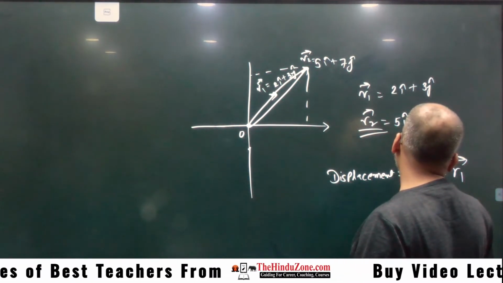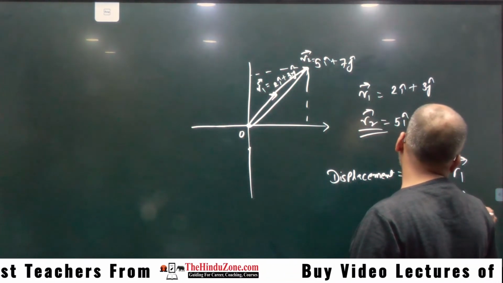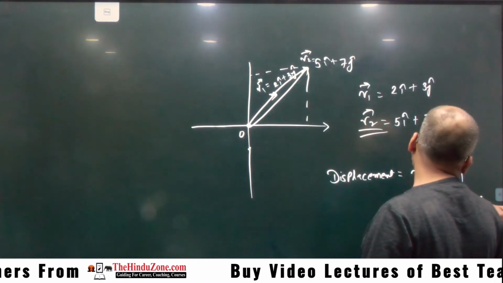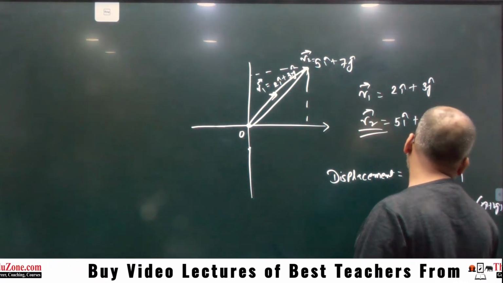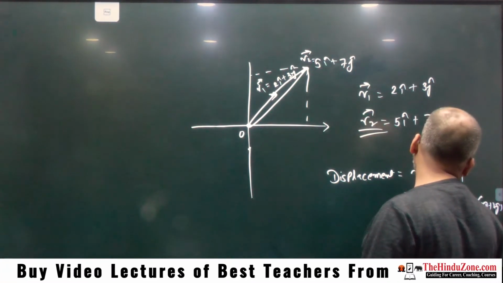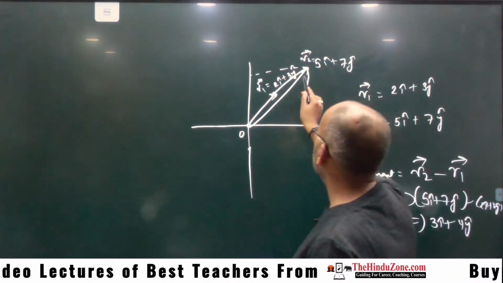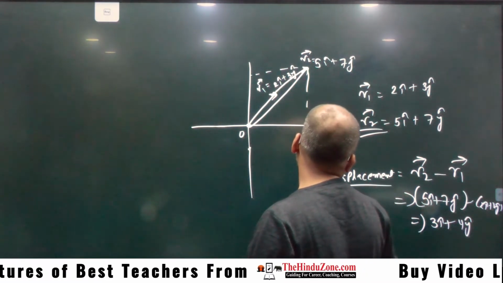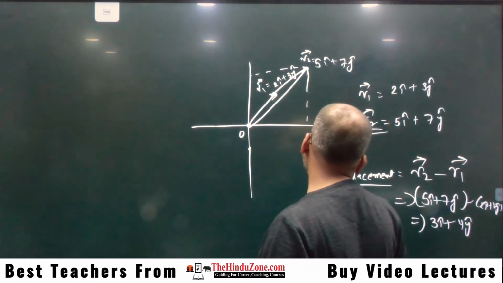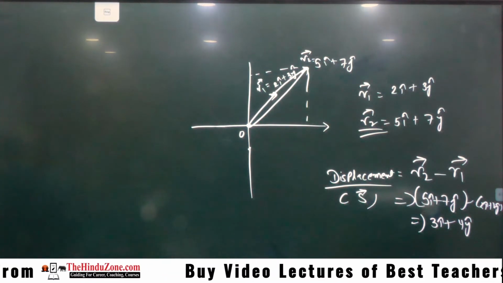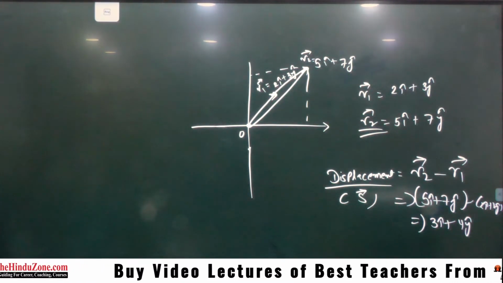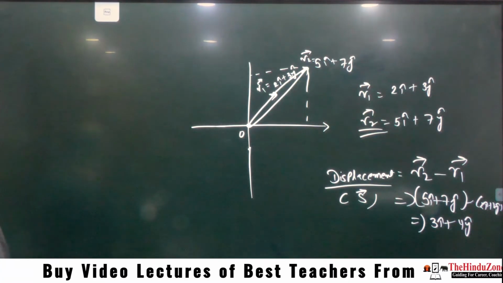So 5i plus 7j minus 2i plus 3j will give you 5 minus 2, 3i, 7 minus 3, plus 4j. So this will be your displacement vector, whatever you want to call it, S. Understood the concept of displacement vector and position vectors?